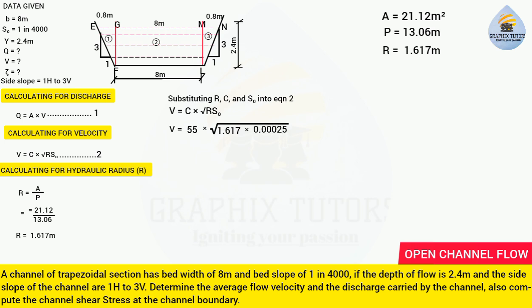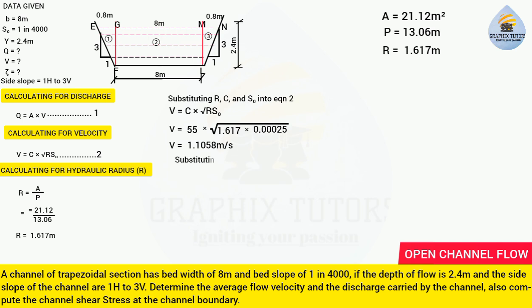So the velocity here, if you take the square root of 1.617 times 0.00025 and then multiply it by 55, you'll have 1.1058 meters per second. So we've gotten the velocity, that's the average velocity.